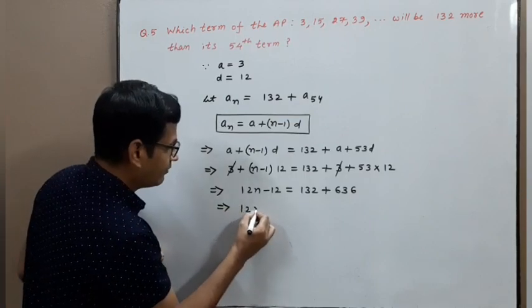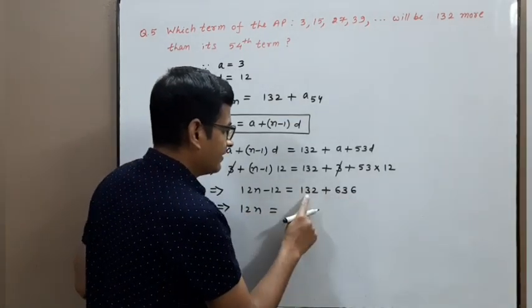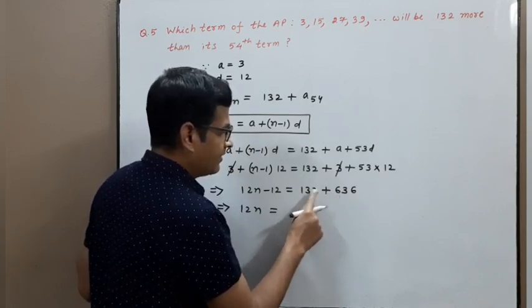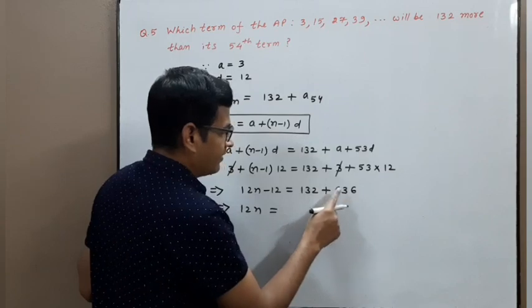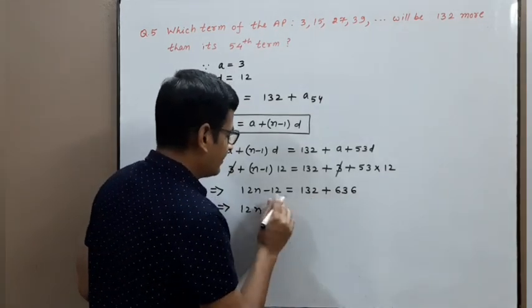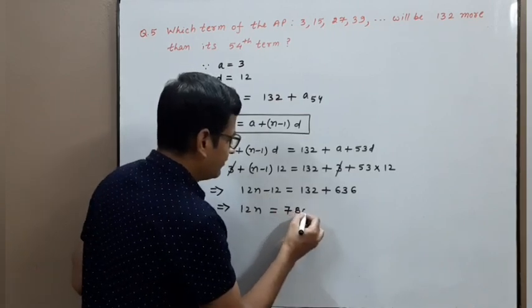Next step, 12n equal to 636 plus this: 636 plus 132 plus 12, so 780.